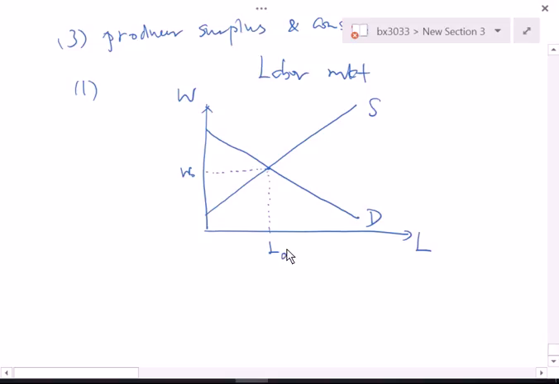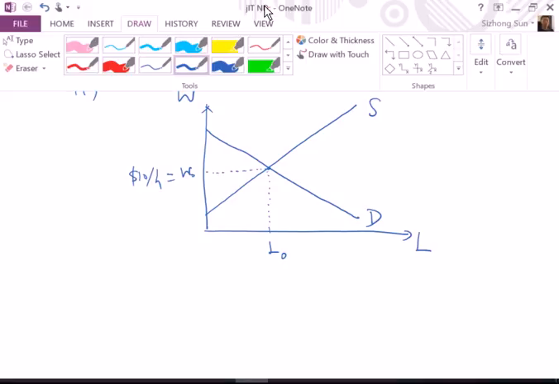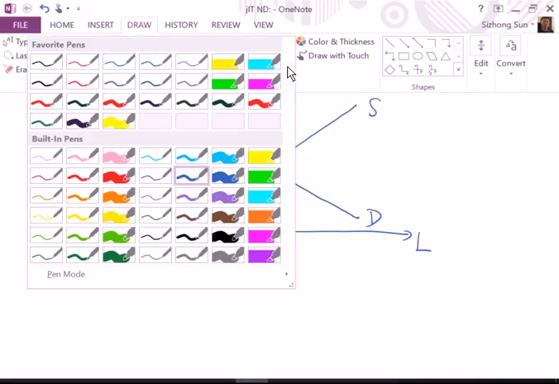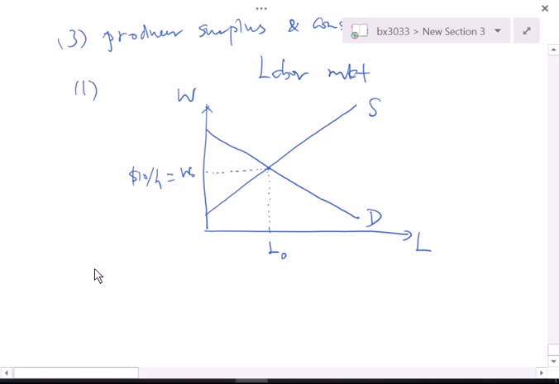Okay, suppose now there's a government intervention. Let's say the equilibrium wage rate is $10 per hour. Now, the government intervenes and says that the wage rate cannot be less than $5 per hour, which is $5 per hour here.